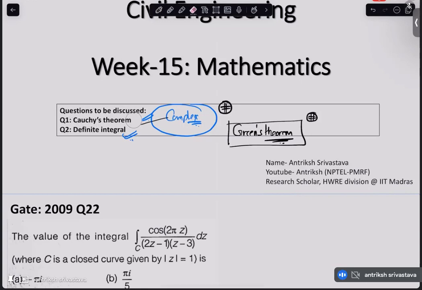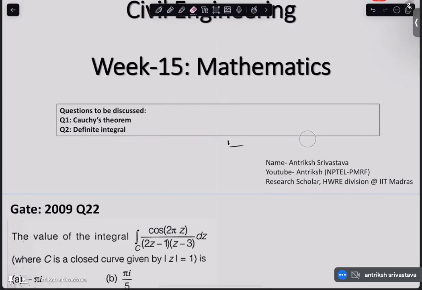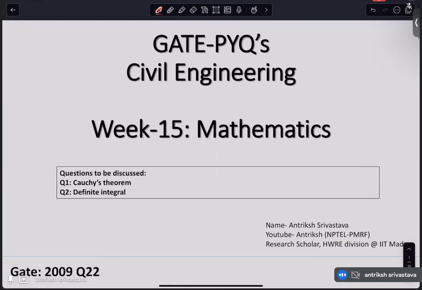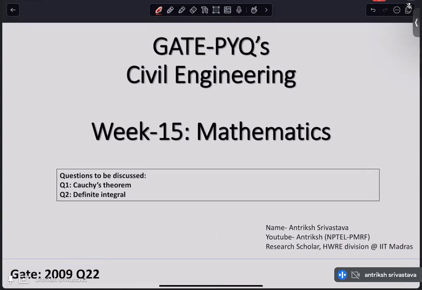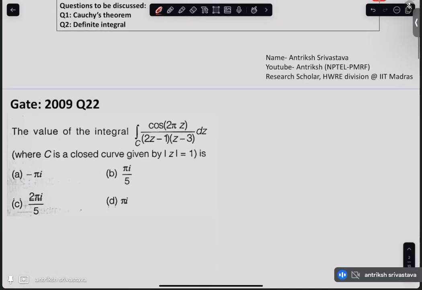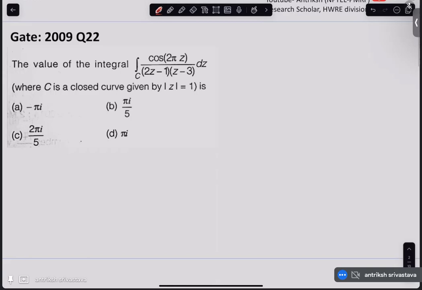So we'll look into that just to refresh the formula, because more than anything what I have seen is when these type of questions come, it's not that we are lacking the concept, it's just that we don't remember the formulas. So just to jog your memory of the formula, we'll look into Green's theorems.